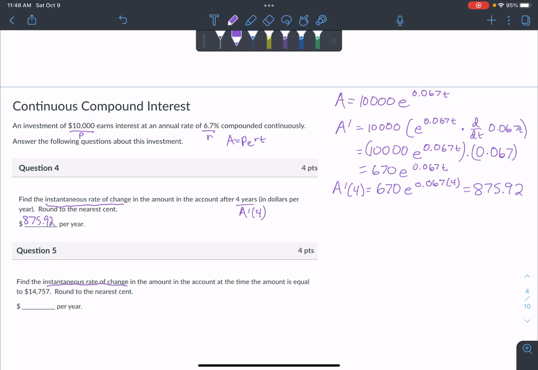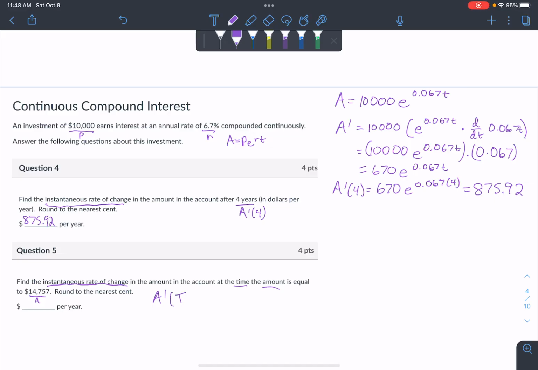All right, and the second question is the second part of the first slide. We are given an amount of this, and we want to know the time, and then that time is what we're going to plug into our derivative. So it has a few steps in it.